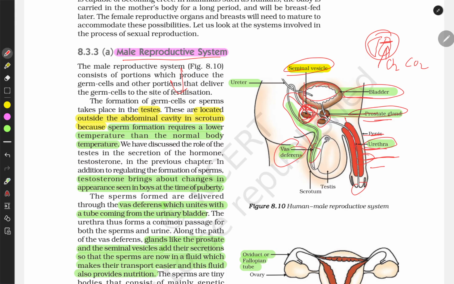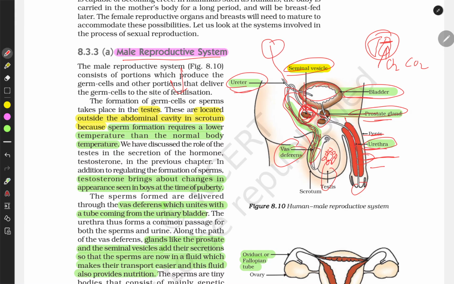This is the vas deferens, the duct which carries the sperms into this tube, and these are the testes. Testes have highly differentiated seminiferous sperm-making cells. This is the urethra. This is coming from the kidneys.